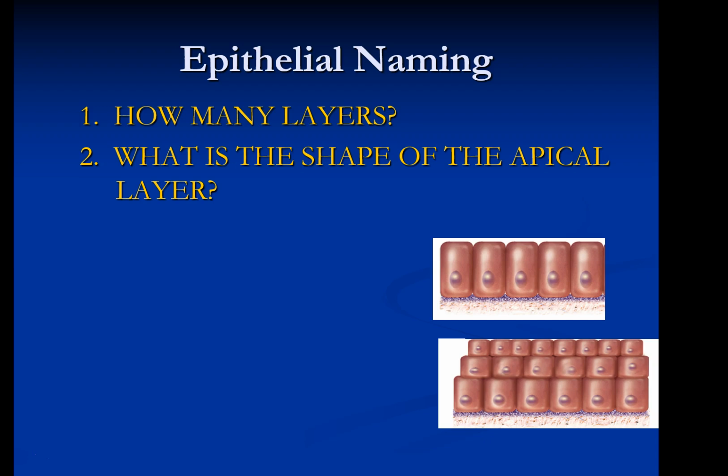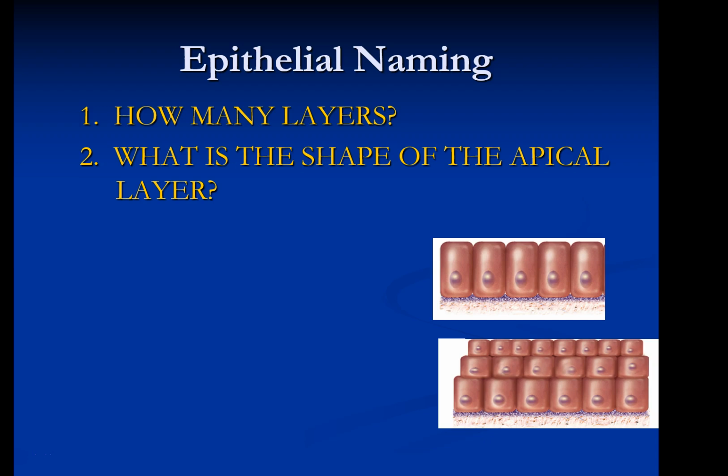The types of cells we can have are called squamous. Squamous are flattened, smashed cells. They look like a fried egg. You can have cuboidal, which look cube-shaped, square, dice-shaped. You can have columnar, which look long and rectangular. There's a couple of different options.